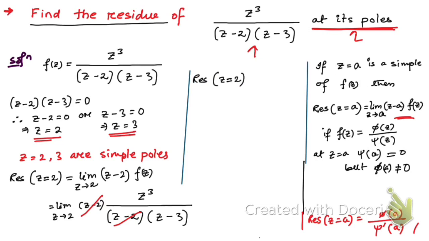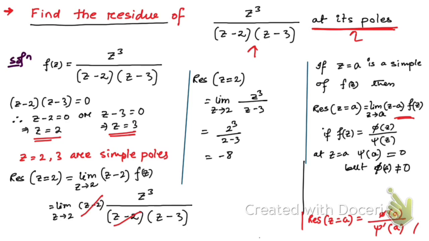Residue at z is equal to 2 is equal to limit z tends to 2, and we have z cube divided by z minus 3, right? So now as z tends to 2, let's put 2 here. 2 cube divided by 2 minus 3, that's going to be minus 8, right? That's going to be minus 8.